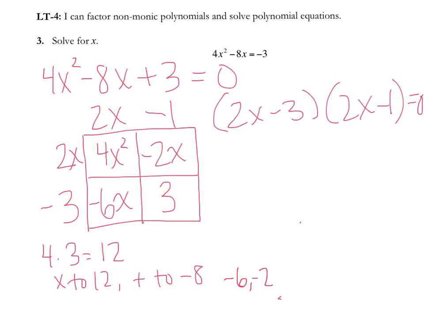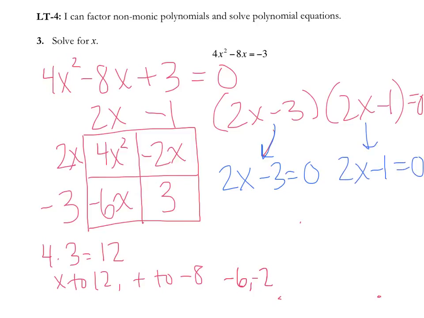So now we have something factored equal to 0, so we can use the zero product property. That says that either the 2x minus 3 is equal to 0, or the 2x minus 1 is equal to 0, and we just need to solve for x in each of these two possibilities.